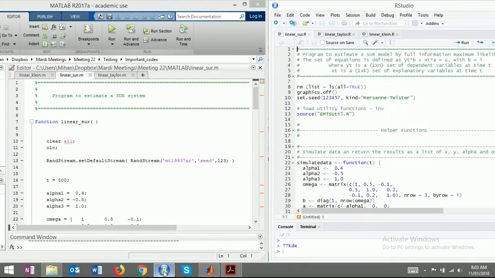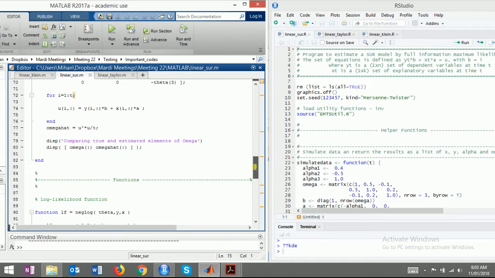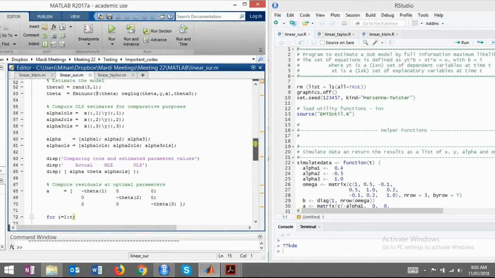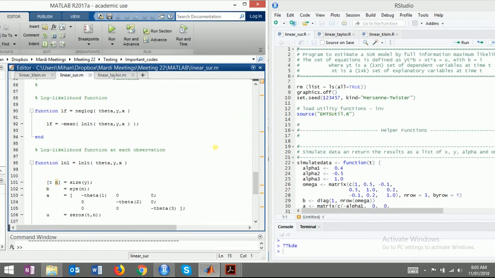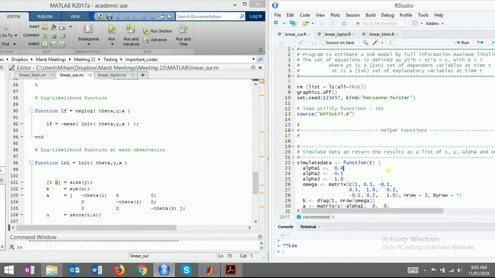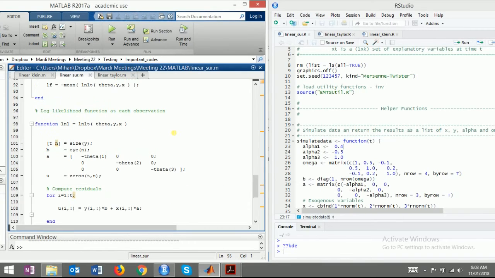So, linear seemingly unrelated regression model. Let's see if there is a local function. Indeed there is a local function. What are the local functions? To begin with, the log likelihood function: number of rows, number of columns.